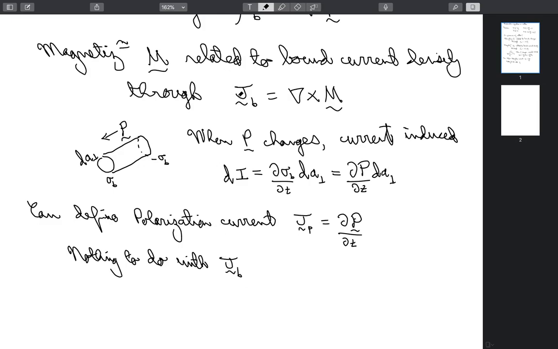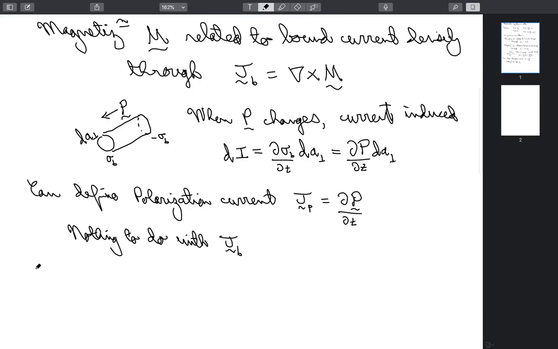Okay, these bound currents are really like little dipole moments floating about. Here, what we're talking about is really just the flow of positive versus negative charges in here. There's no circulation in here. Okay. So we can ask what happens with the continuity equation for these things.